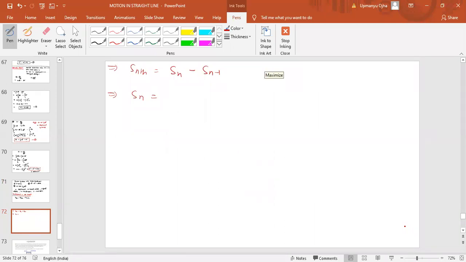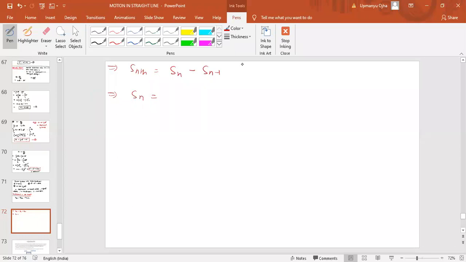If I say displacement of the particle in the 4th second, it means displacement in 4 seconds minus displacement in 3 seconds. That is the 4th second displacement. How much displacement you have done in the 4th second or 5th second, that is what nth means here.